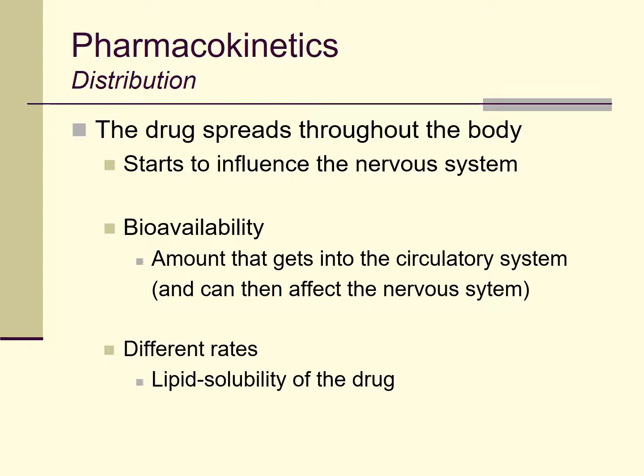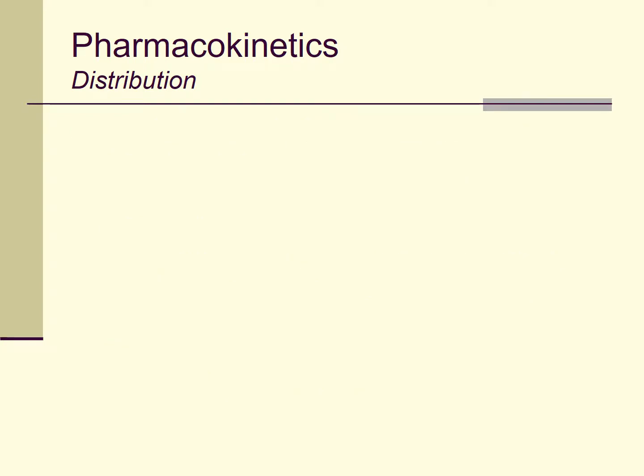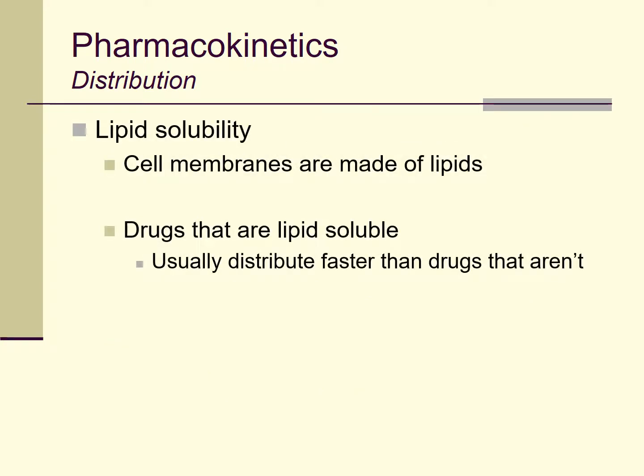Another thing that can affect the distribution of a drug is how lipid soluble the drug is. That is to say, how well it's able to dissolve through tissues in your body which have fat content in them. If you've taken a good biology class or even a good psychology class, you probably are familiar with the basic structure of cells.